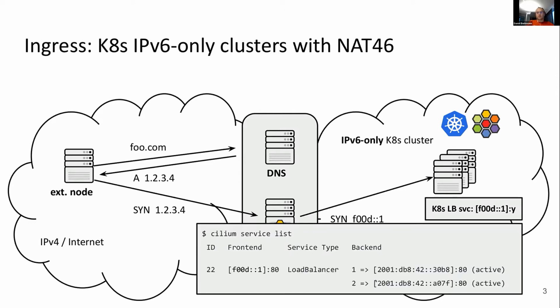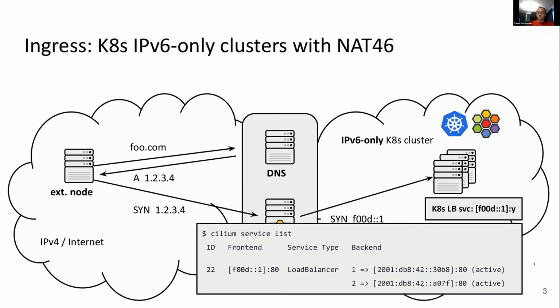So that can look like this, right? If you're a Cilium user, you can debug the output from the state of Cilium in terms of services. So you can see that Kubernetes installed a regular IPv6 service with IPv6 backends.